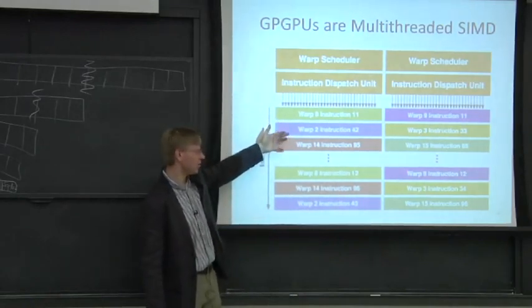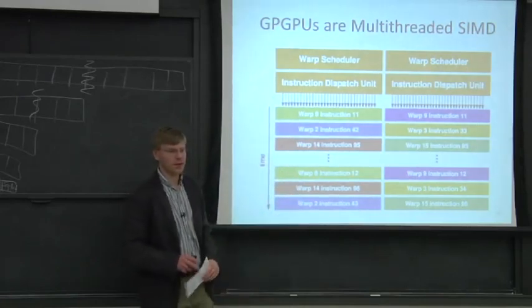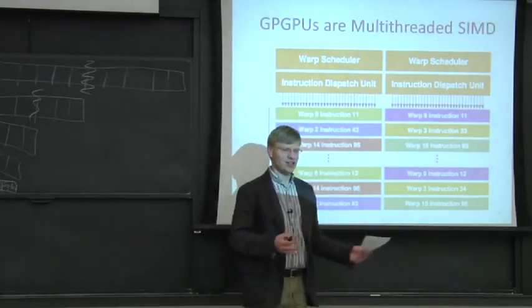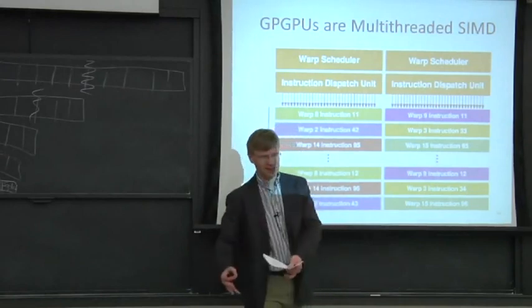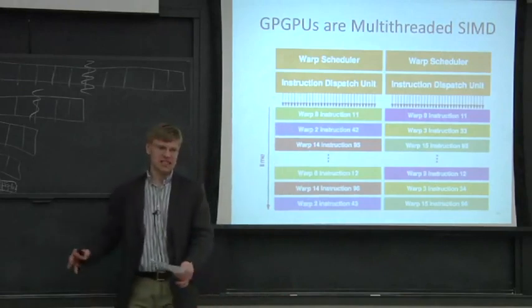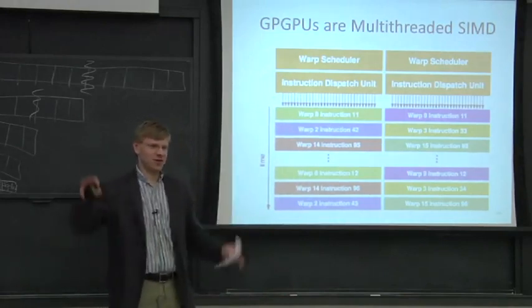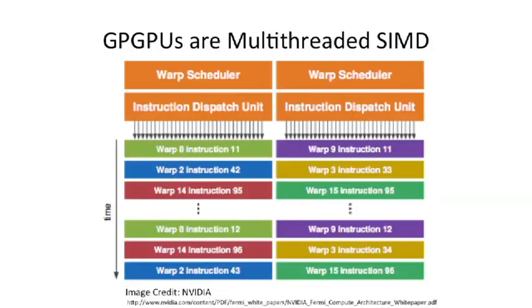So it actually will fine-grain interleave threads on a functional unit. It's a strange idea. They're mixing multi-threading with SIMD at the same time, so lots of different parallelism aspects come together in these GPGPUs.